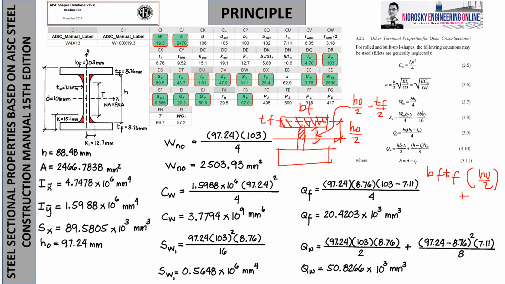To get that, it is H sub naught over 2 minus TF over 2 multiplied by the thickness of the web and the centroid, half of H sub O minus TF, with over 2 for both. So, this is pure statics. Therefore, you can get the same formula by derivation. It is easily derived.